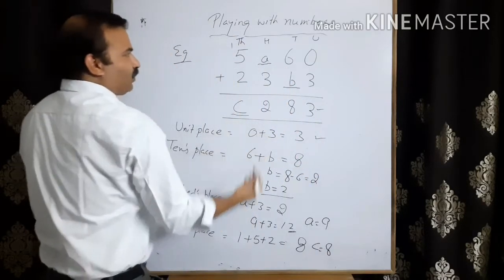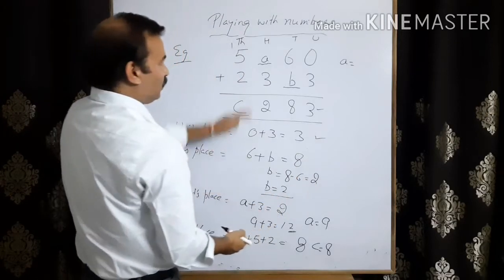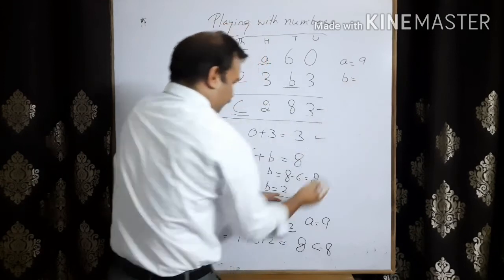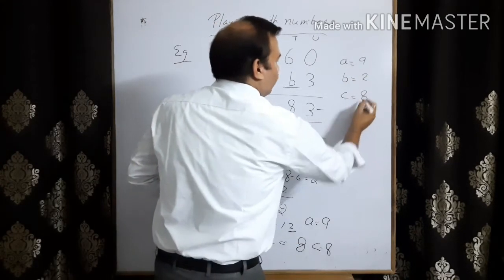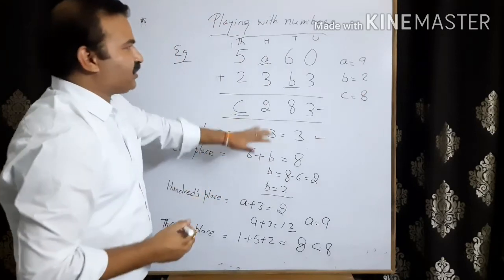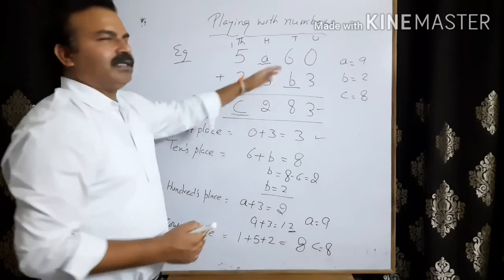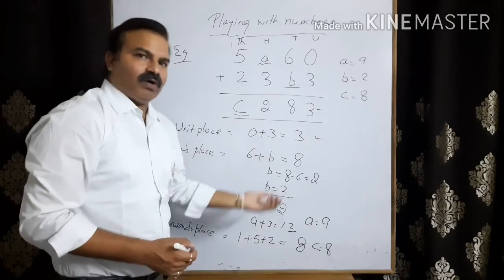So we got the answer: A is equal to 9, B is equal to 2, whereas C is equal to 8. This is a simple addition, only at a few points these A, B and C are fill in the blanks, or simple variables that we have to replace by one of the digits.